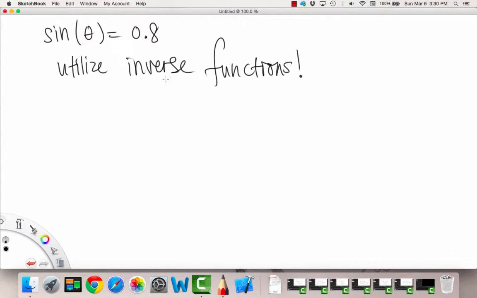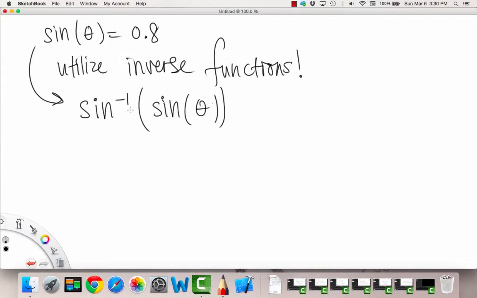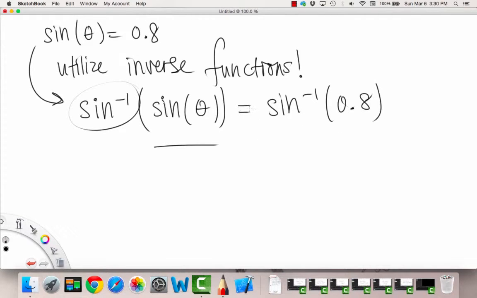In this case, we're specifically going to take advantage of inverse sine. We know that functions that are inverses of each other, when you place them right next to each other, cancel out their effects. So let's say we write inverse sine of this thing that we started with on the left side, so that means we have to inverse sine the right side, to keep that equality.